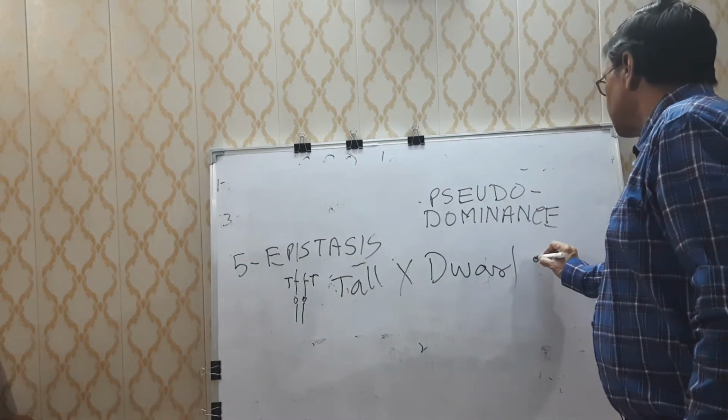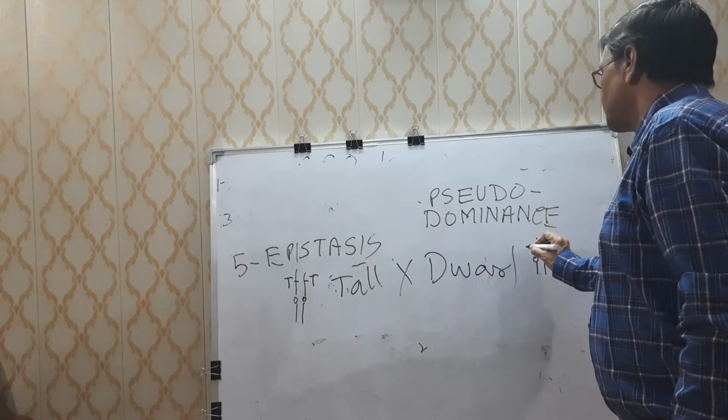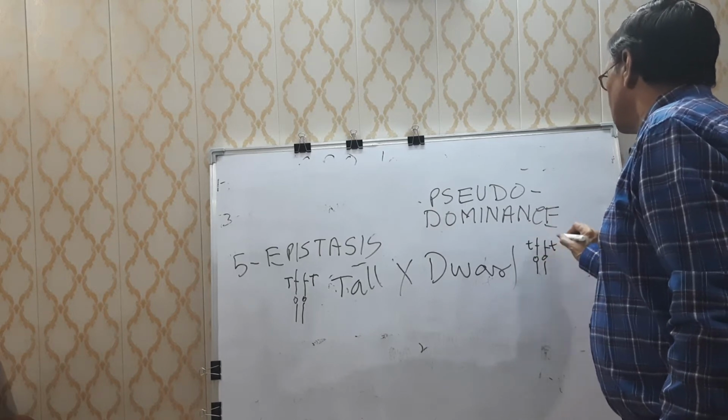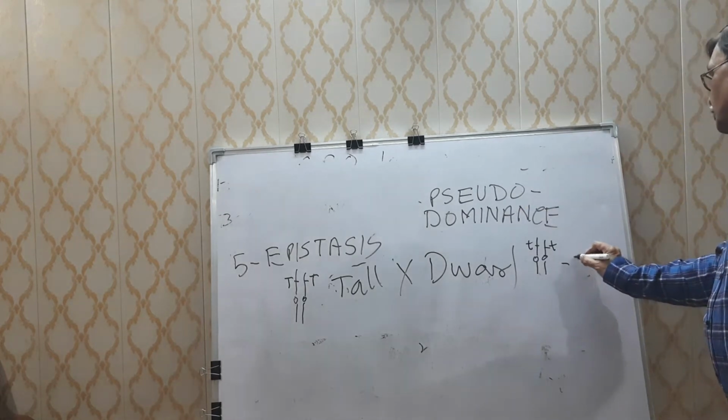In dwarf, 2 chromosomes, 2 genes for dwarfness. In normal case, what happens?